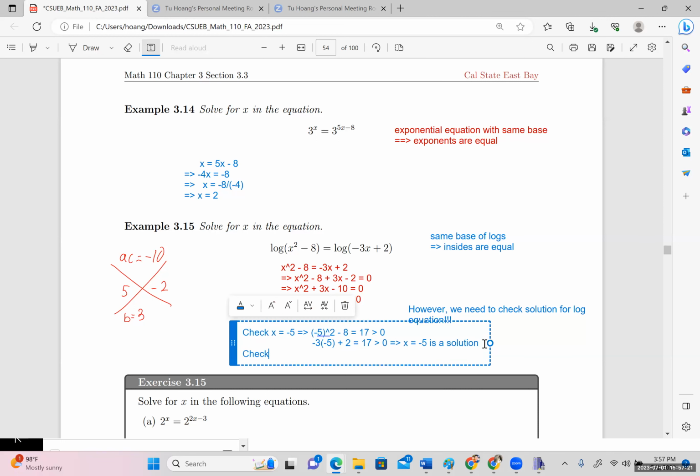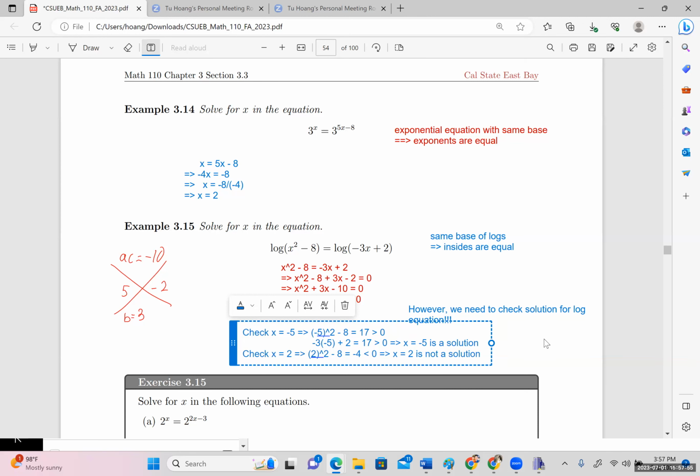What about checking x equal to 2? Let's say 2 squared minus 8. What is that equal to? 4 minus 8, which is -4, less than 0. So then x equal to 2 is not a solution.